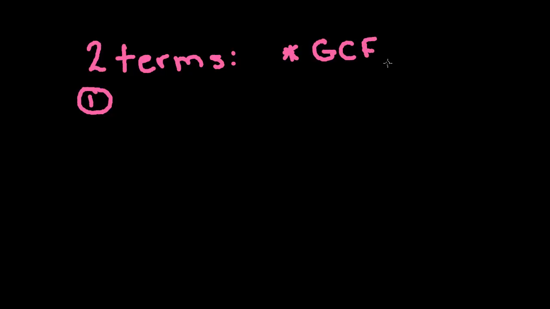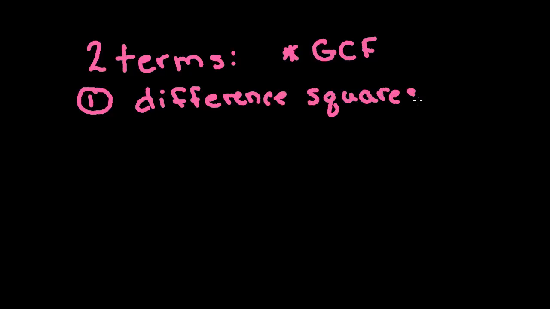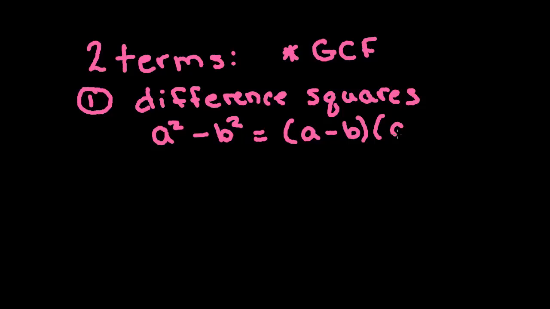That may be by itself or in addition to one of these 3 that I'm going to give you. So the first is difference of perfect squares. And difference of squares is the form a squared minus b squared, and the formula for that is it factors into a minus b times a plus b.